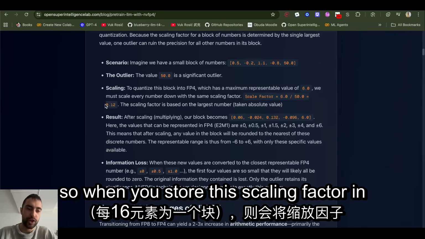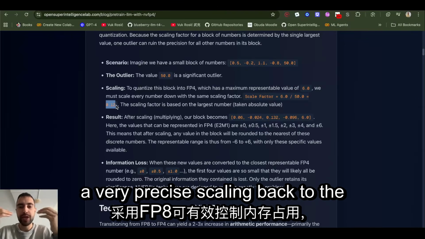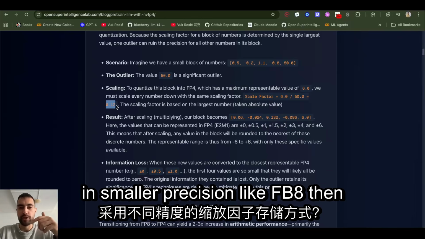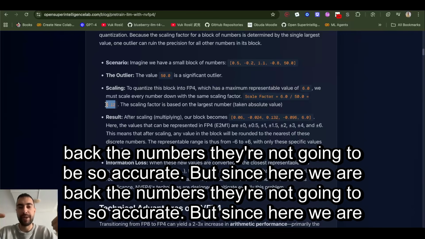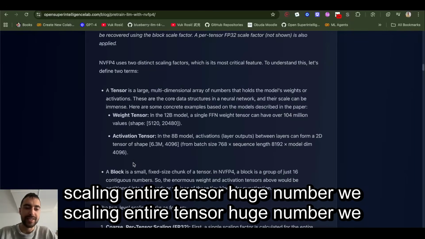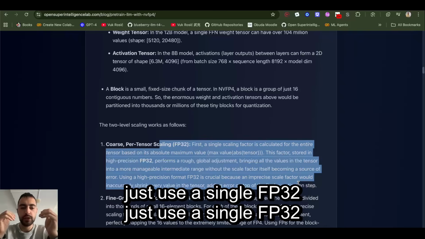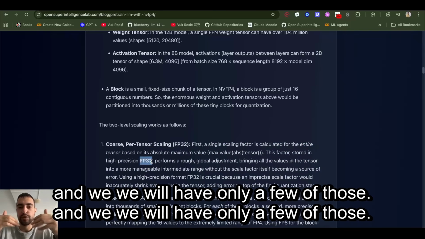When you store this scaling factor in a high precision like FP32, then you have a very precise scaling back to the original tensor. And if you store it in smaller precision like FP8, then you're going to lose some information on this scaling factor. So when you scale back the numbers, they're not going to be so accurate. But since here we are scaling an entire tensor, a huge number of values, we just use a single FP32 memory slot to save this scaling factor, and we will have only a few of those.